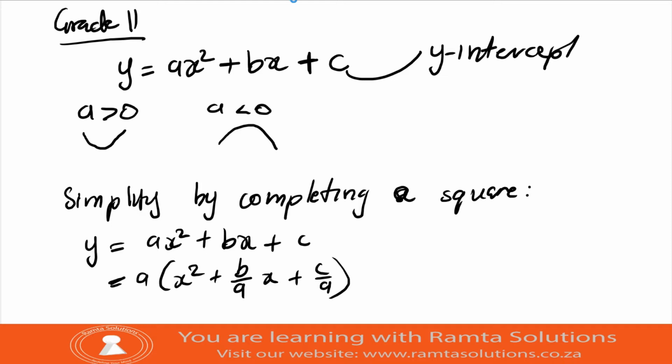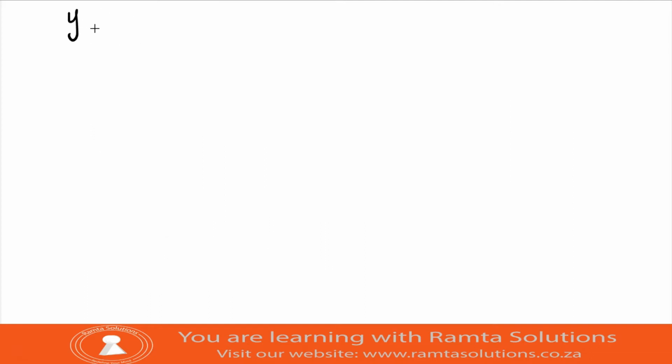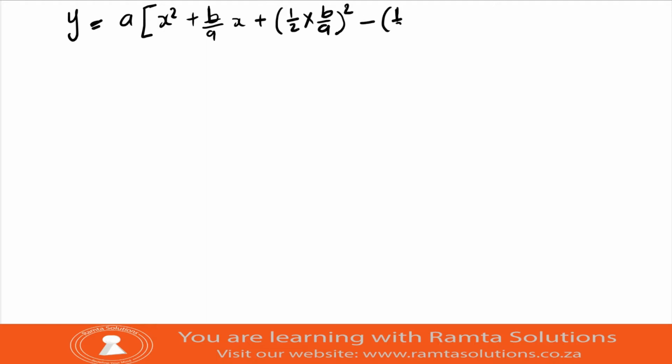Now, continuing, we say y equals a into x squared plus b over a x plus half the coefficient of x, which is b over a, all squared, minus the very same thing, half the coefficient of x all squared, plus c over a.